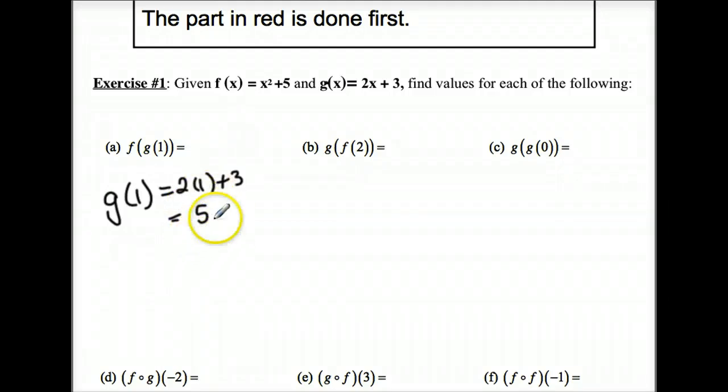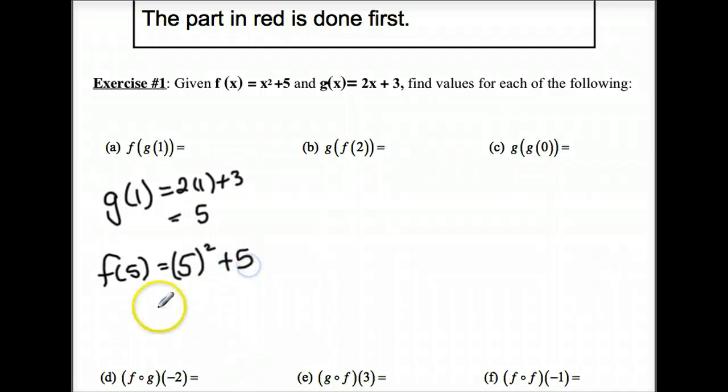Now this replaces my g of 1, so this becomes f of 5, using my f function, which is x squared plus 5, so this becomes 5 squared plus 5. 5 squared is 25 plus 5 is 30. And this is my final answer.